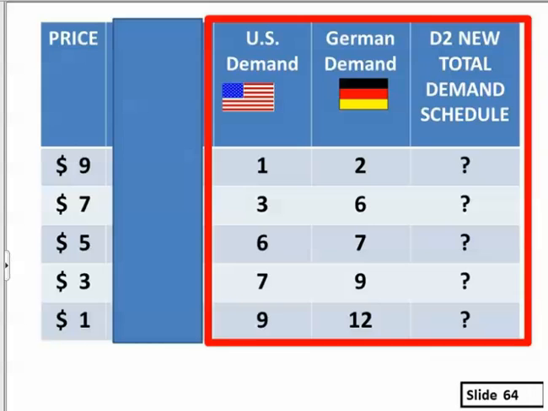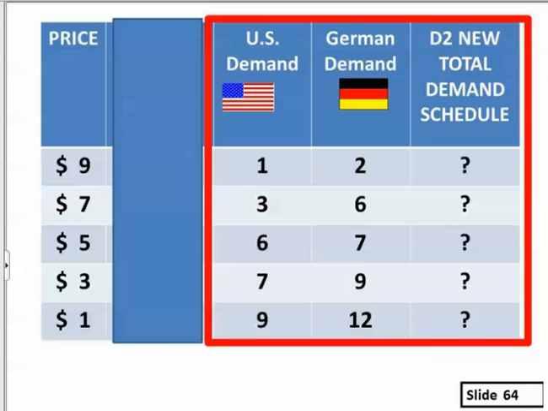Now, we're going to assume that suddenly we're able to sell that same product not only in the US but also in Germany. And Germany has a demand for that same product. There's a certain number they want to buy at each one of those prices. And so we have the US demand schedule and the German demand schedule.